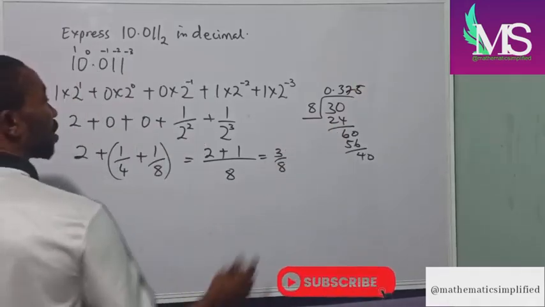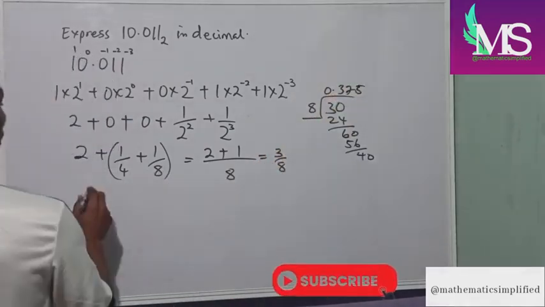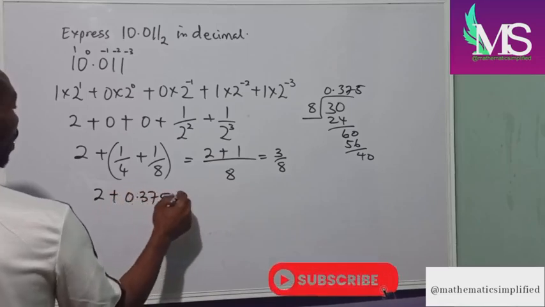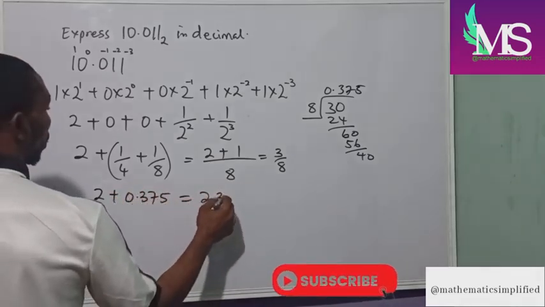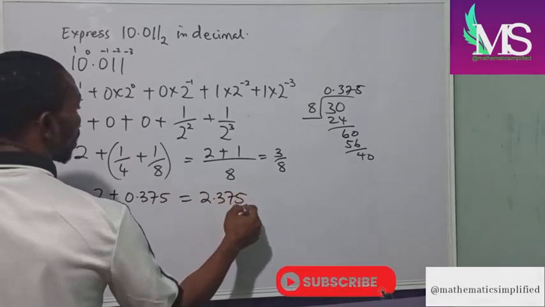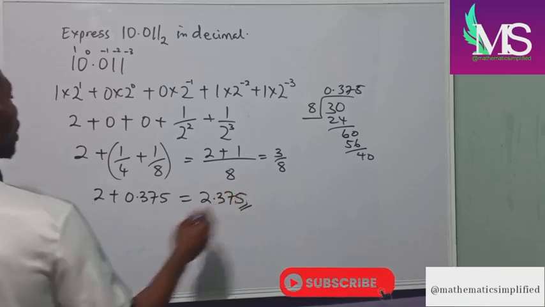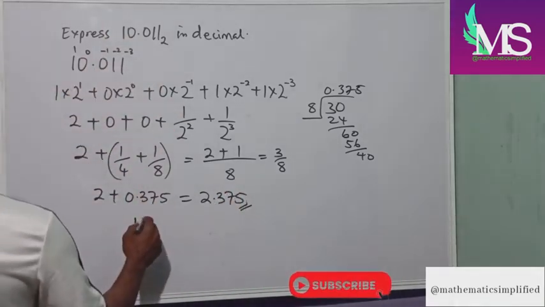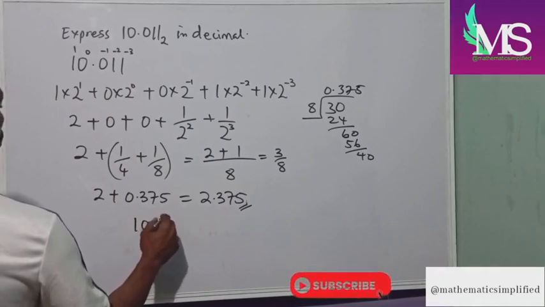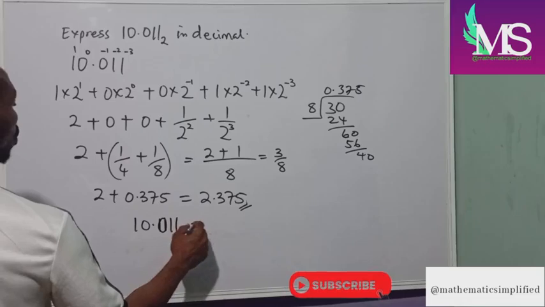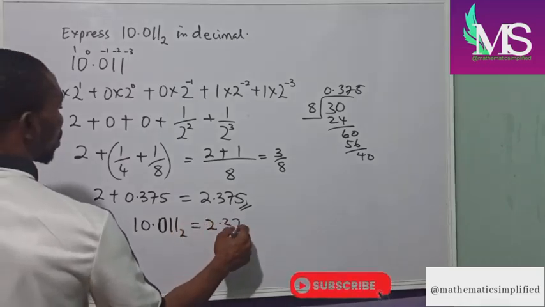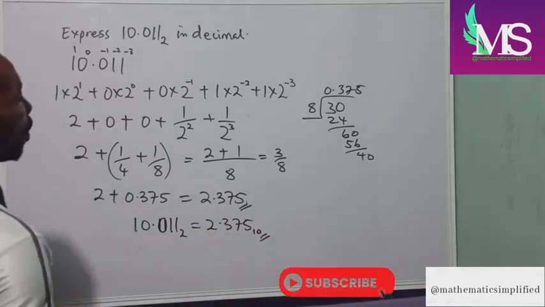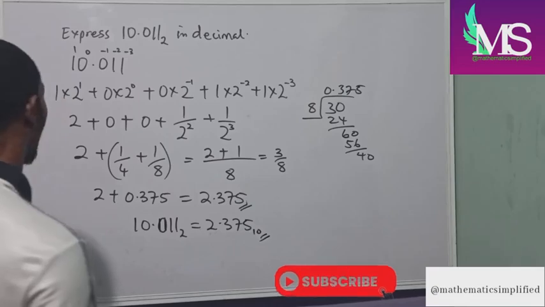So 3 over 8 is 0.375. So 2 plus 0.375 will give us 2.375 as our answer. So we've converted this to base 10. So 10.011 base 2 is 2.375 base 10 in decimals. That will be our answer.